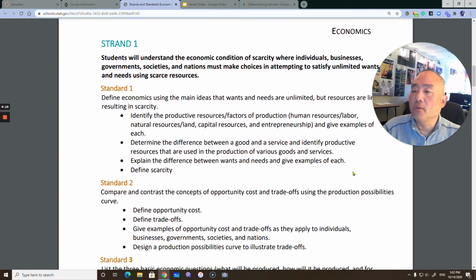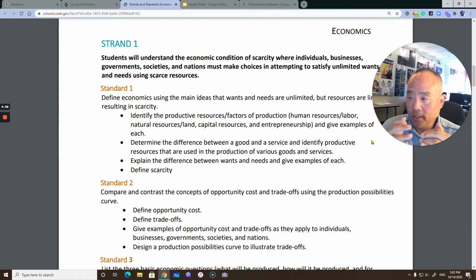In strand 1, we learn that the first strand is about how you must understand economic conditions of scarcity. That is the whole basis of economics, and how individuals, governments, societies need to make some difficult choices sometimes on how to satisfy unlimited wants and needs using a limited amount of resources.